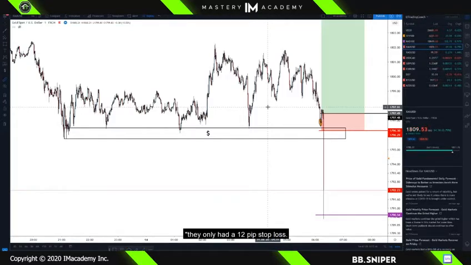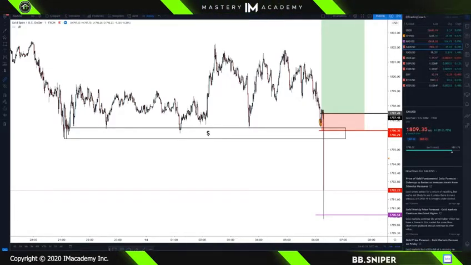They only had a 12 pip stop loss. They would have been protected and taken out of the market. What I'm here to show you today is that slippage does not guarantee that you will actually get out wherever it is that you're setting your stop loss or your take profit.